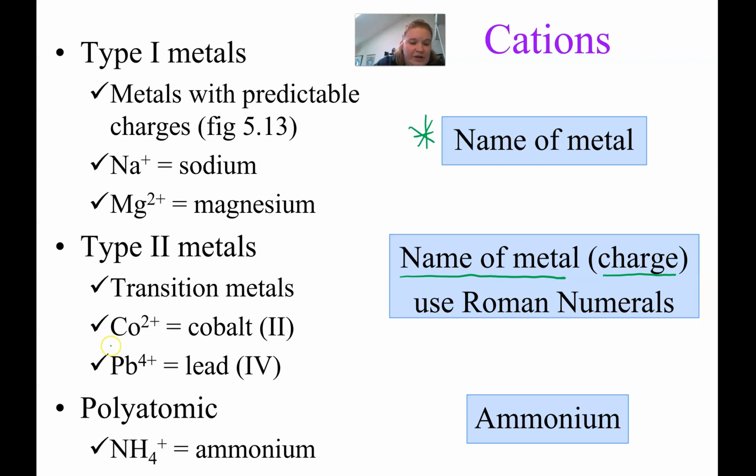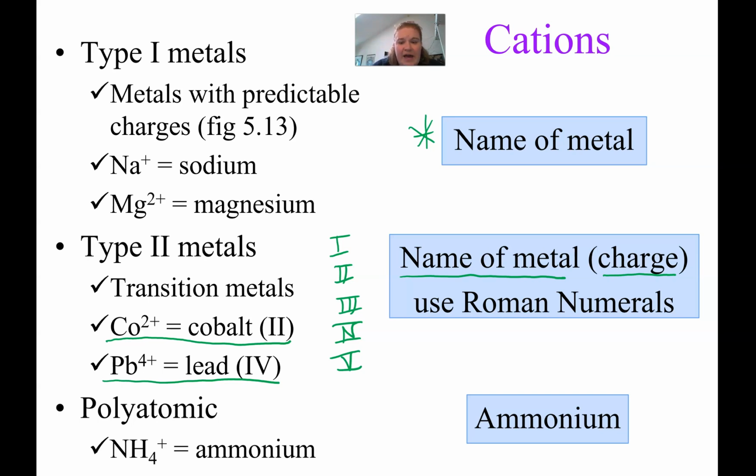So the examples over here, cobalt with a 2+ charge is cobalt 2. Lead with the 4+ charge is lead 4. So we have 1, 2, 3, 4, 5. We really don't go above 5 too much, but you should know those Roman numerals. They're going to come up a few times.